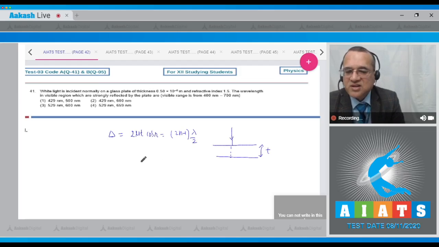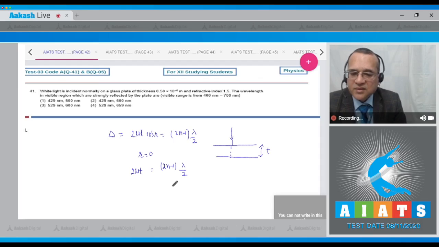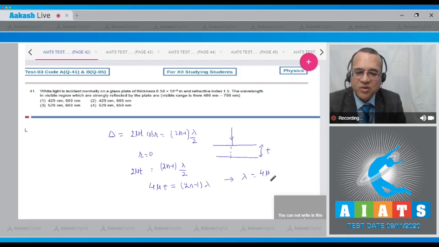This is normal reflection, so r is equal to 0, so 2μt is equal to (2n − 1)λ/2. In order to find the lambda, this becomes 4μt is equal to (2n − 1) into λ, and λ is equal to 4μt divided by (2n − 1).